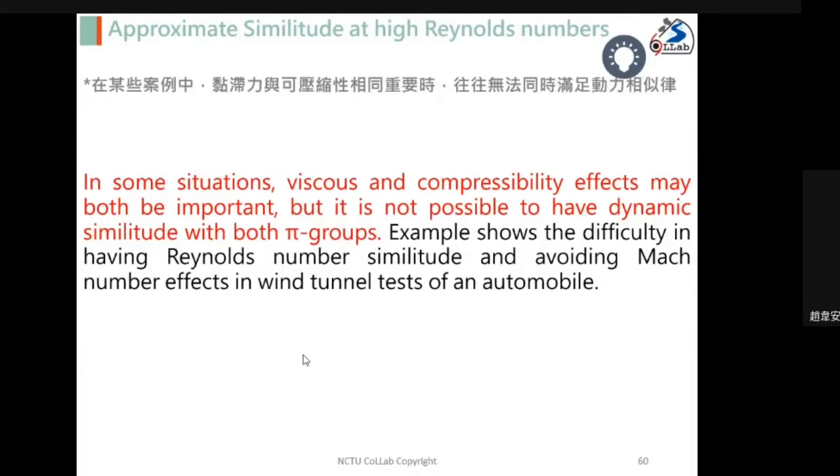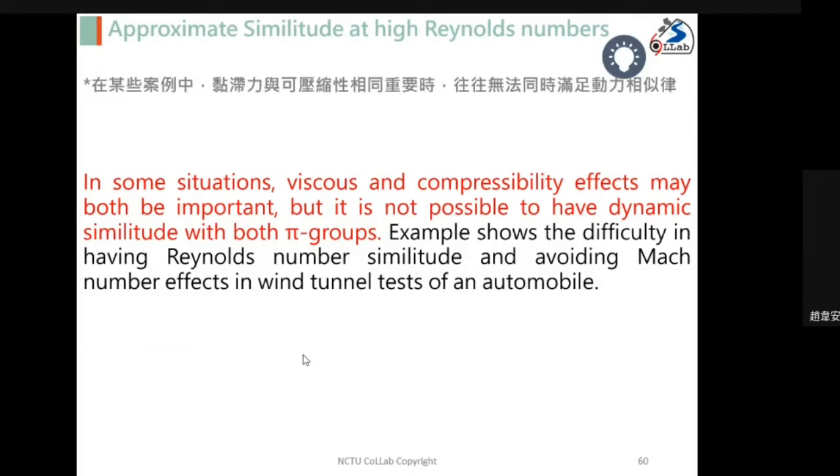So in some situations, viscous and compressibility effects may both be important, but it is not possible to have dynamic similitude with both pi groups. Why?